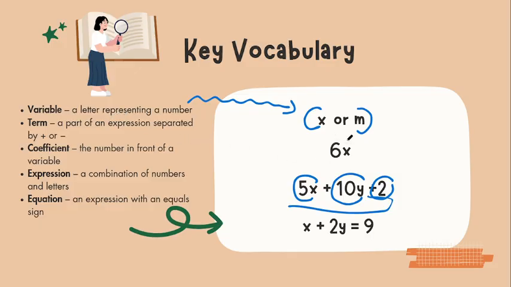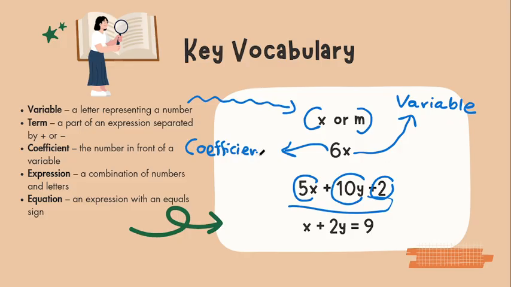In this example, x is the variable because it is a letter representing a number. Then the number in front of a variable is going to be the coefficient. If so, in this scenario, 6 is going to be the coefficient.